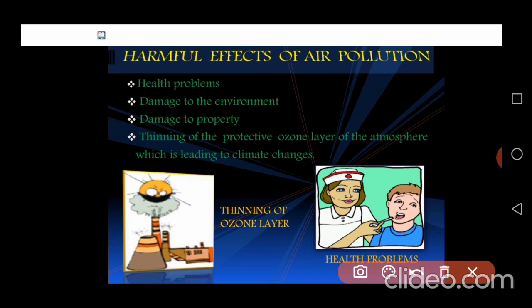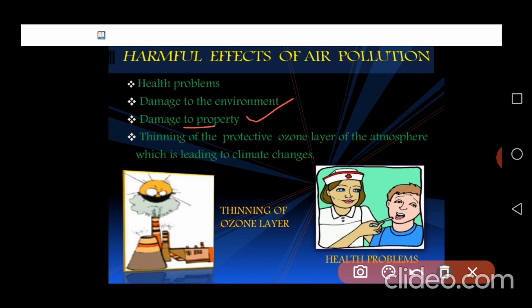Next, coming to damage to property. For example, the Taj Mahal and some other very important properties. Because of air pollution, acid rain will come. Because of that acid rain, some old buildings will lose their originality.